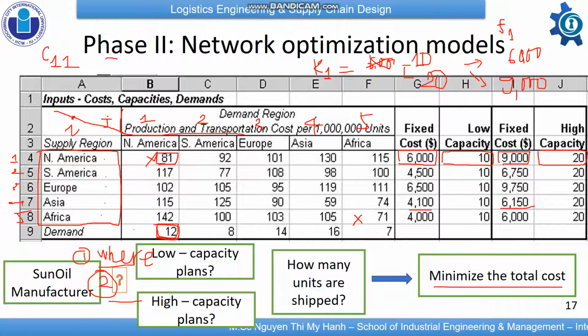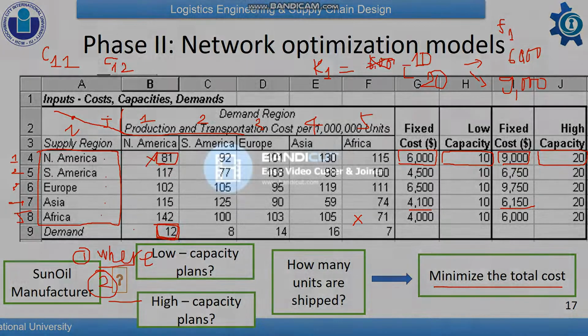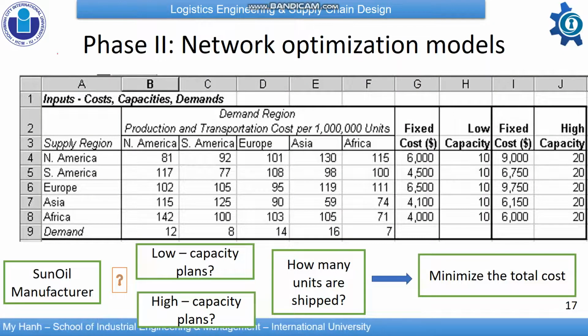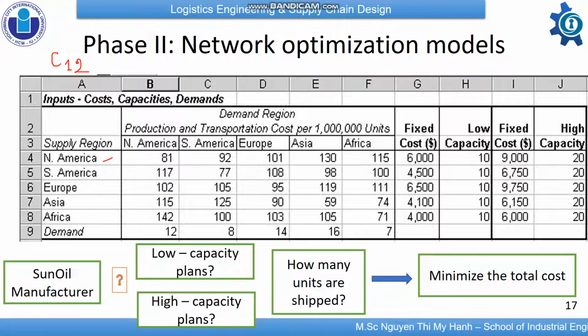So if I ask about C12, C12 is the production cost in North America and the transportation cost from North America to South America, that is 92.